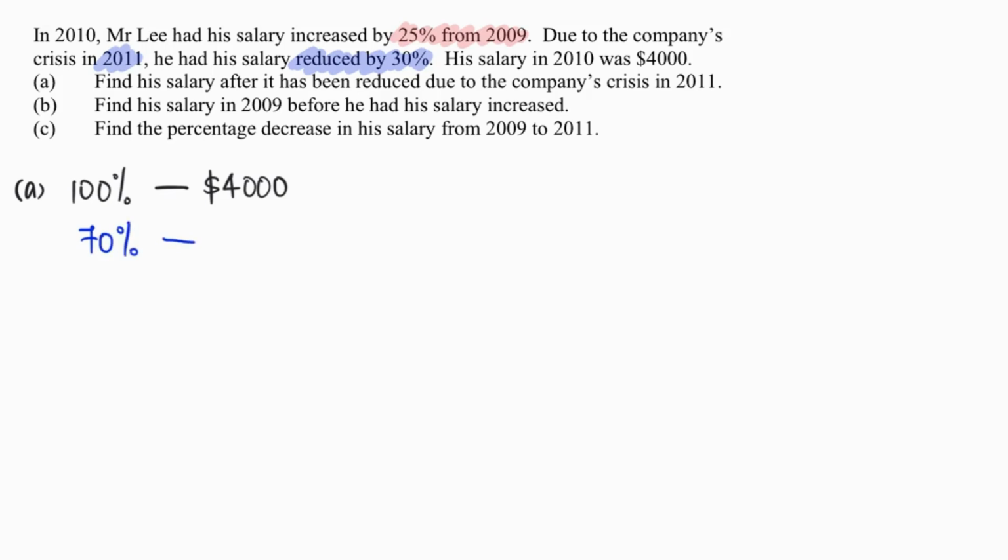So it will be 4,000 divided by 100 to get me 1%. After that, I find my 70%. So this will give me $2,800. Now, that will be the answer for part A.